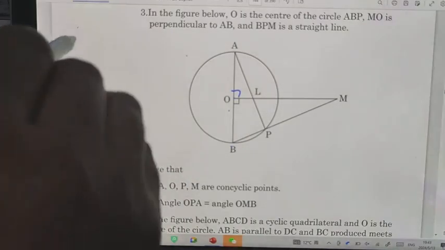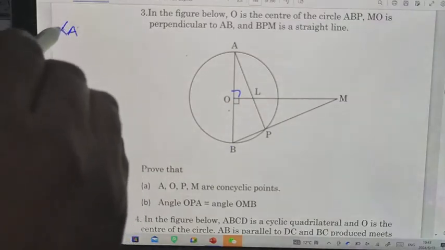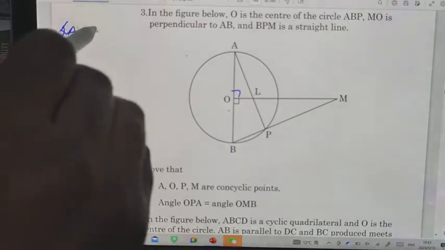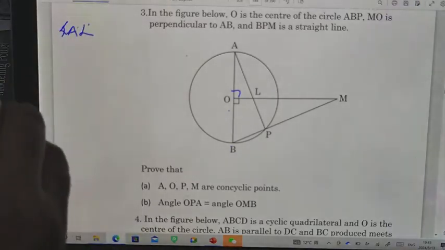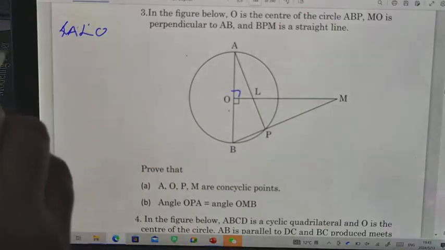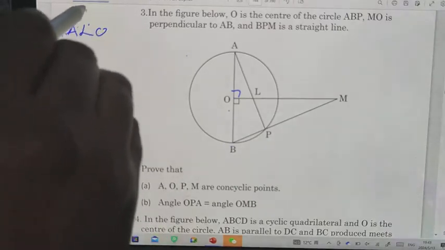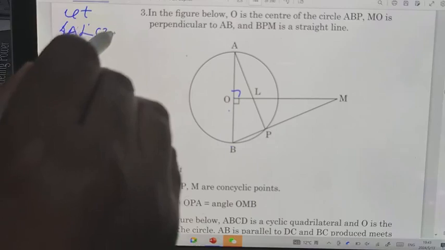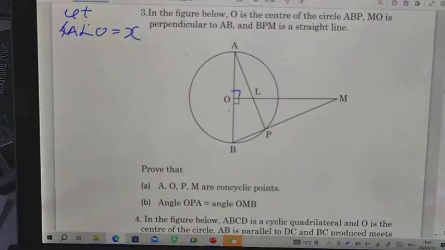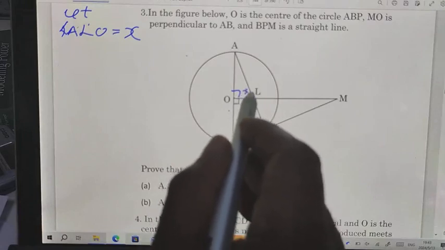Okay, we can say that, let angle ALO be equal to x. So there we are given 90, and that one we are saying it's x.